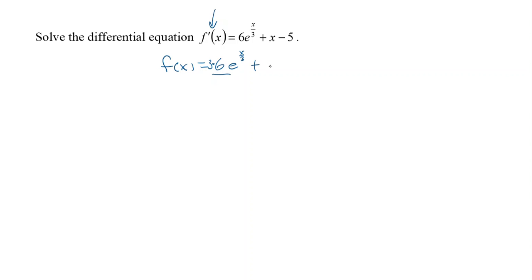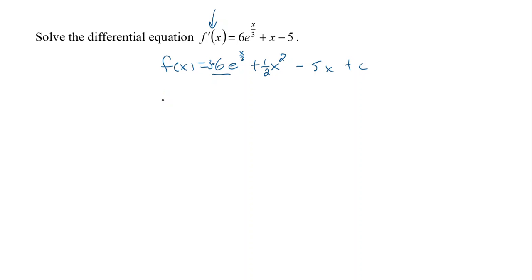And then plus, so this then becomes x to the power of 2. And then we have to make this 1 over 2. And then minus 5x. And then just plus c. All right, so then we'll just write one more time.